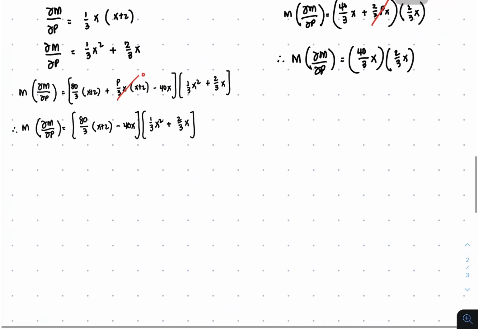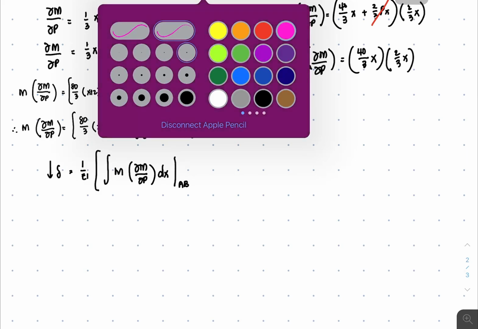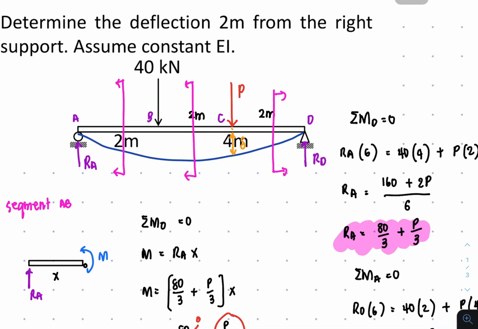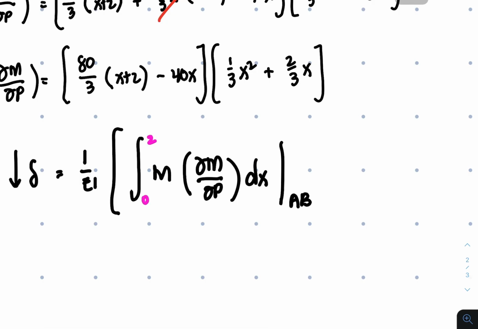Since we're talking about deflection and we assume that the deflection is downward, it's actually 1 over EI of the whole integral of M times the partial derivative of M with respect to P dx. This is for AB. Since it's AB, the limit is the length of AB. What is the length of AB? 2 meters. So the limit will be from 0 to 2.